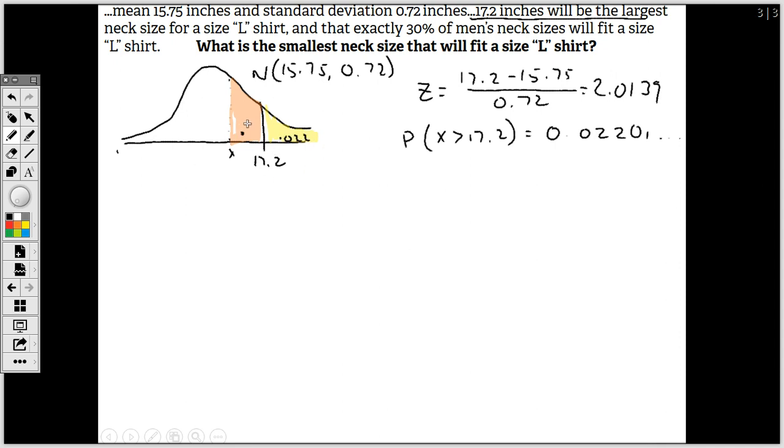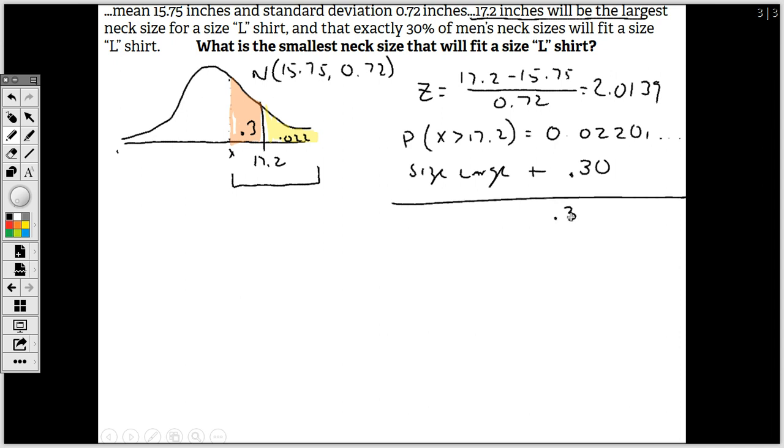This is supposed to be 30%. So I'm going to combine those, and say, all right, this plus the 30% that's size large is going to give me 0.32201, etc. That's from this cutoff all the way to the right, forever and ever.